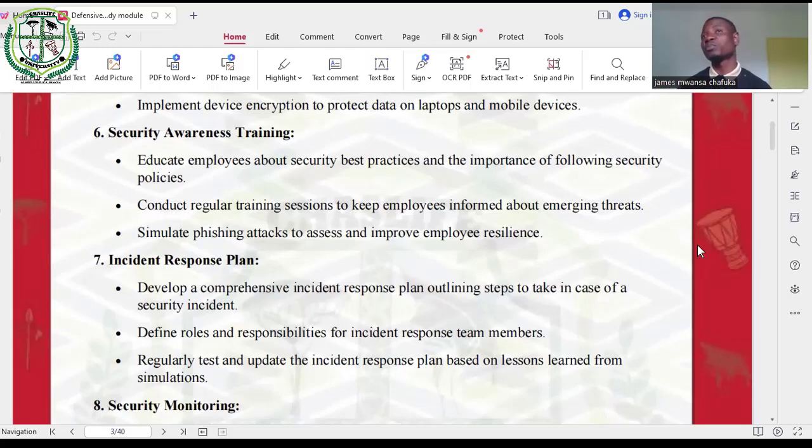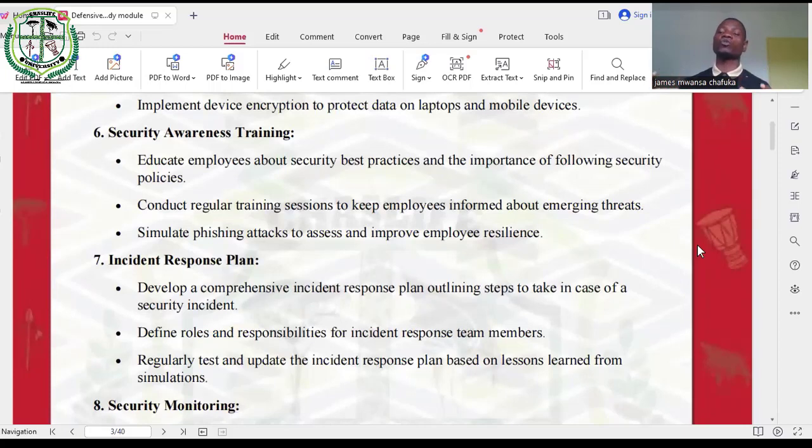It is very important to educate the employees about security measures. Like I was saying, in a case of fire, there should be fire suppression. So the employee should be able to know the use of fire suppression. The employee should be able to know how to protect and prevent the computer system against any threats.